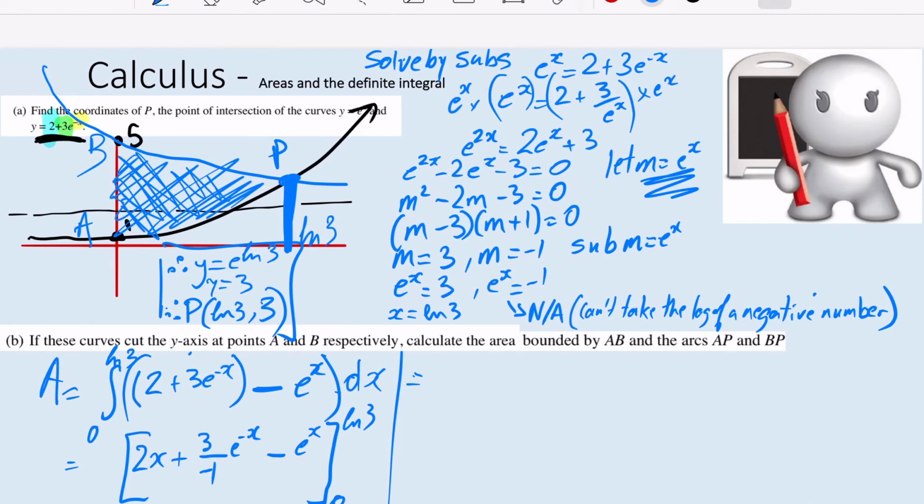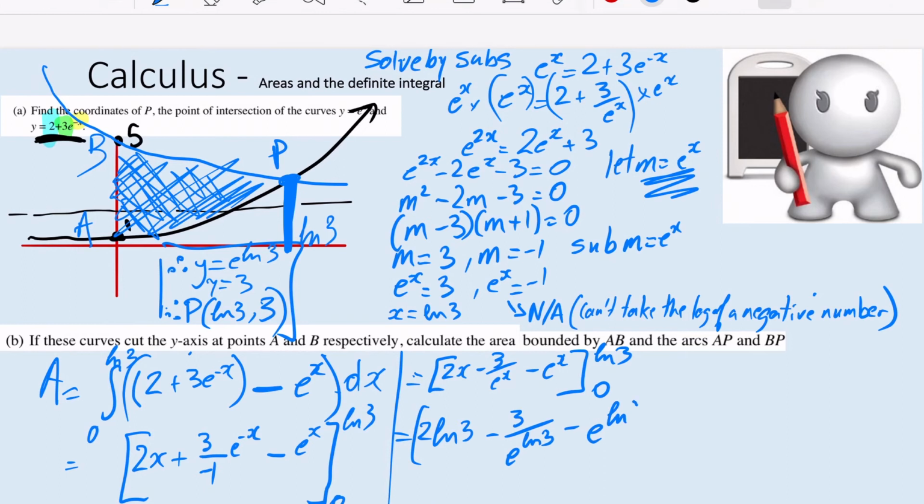Okay. Let's tidy that up before we make our substitution. So I'm going to have 2x minus 3 over e to the power of x minus e to the power of x from 0 to the log of 3. Let's substitute now. So I'm going to get 2 log of 3 minus 3 over e to the log of 3 minus e to the log of 3.